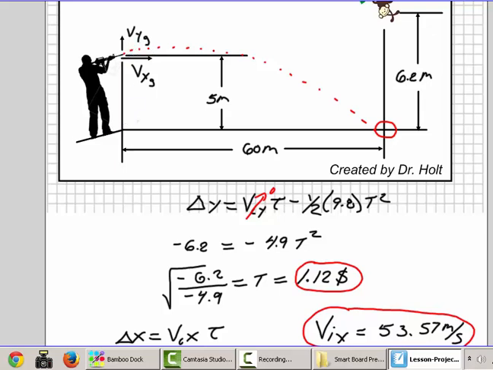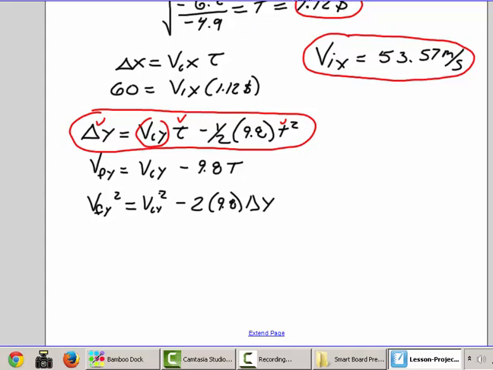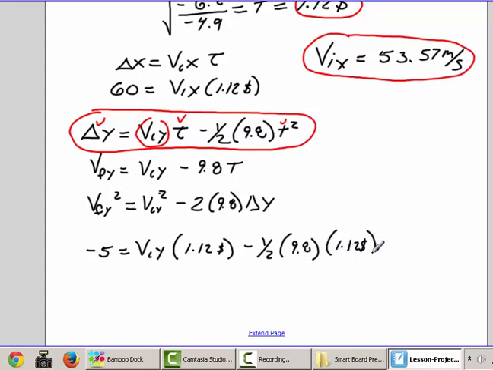So I'm going to fall negative 5 meters. So we use this equation and put in negative 5 meters is equal to our initial velocity in the y times our time, which is 1.12 seconds, minus 1/2 times 9.8 times 1.12 seconds squared.